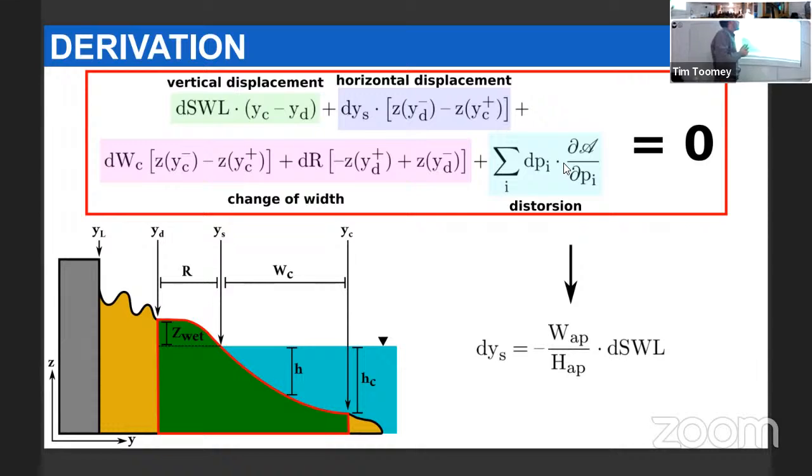Also, it depends. Usually people tend to use these profiles that only depend on sediment grain size or parameters which are constant within the shape. So it should depend on the incoming forcing shape, but it usually is not studied like that.